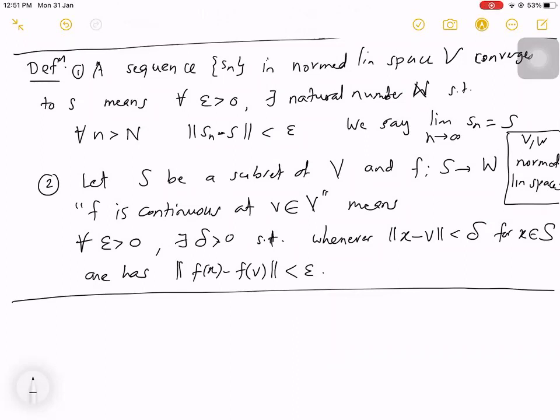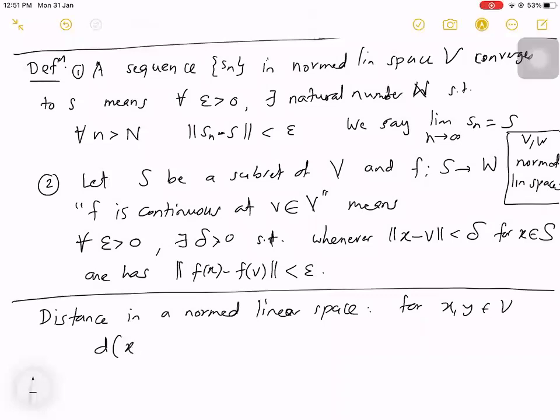So, define distance. And often we will not even define this distance. We will just say, what is the distance between X and Y?